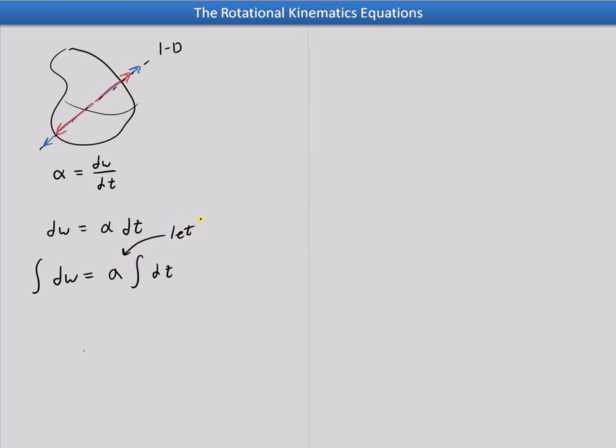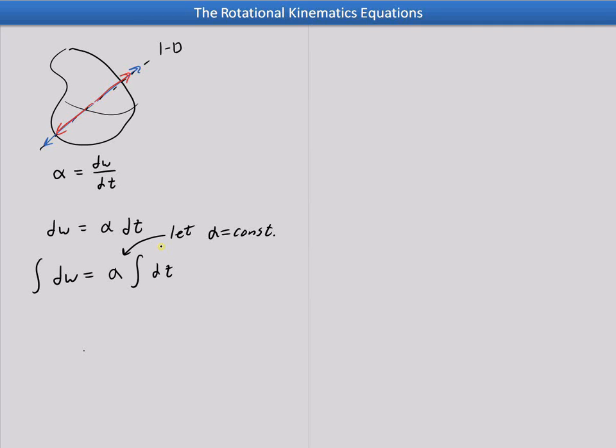We're going to choose to limit ourselves to the cases where alpha is constant, which will give us a nice closed form for our solutions, just like we did with linear kinematics, where we had constant linear acceleration. Here we also would like to have constant angular acceleration. Now we're not complete at this step yet. We could either have an unknown constant or we could put limits onto our integrals.